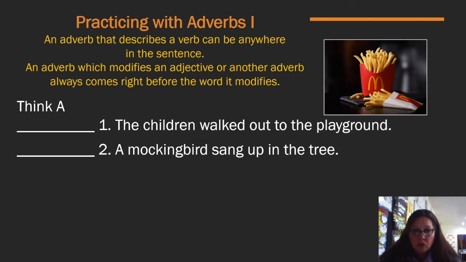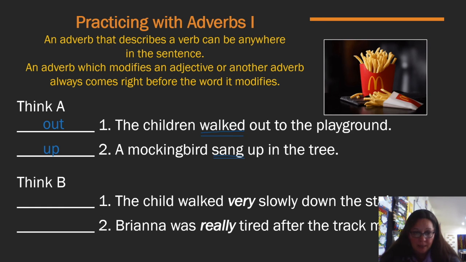Number 1, the children walked out to the playground. So we're going to underline the verb 2 times, which in this case is walked. And where did they walk? They walked out. Okay, number 2, a mockingbird sang up in a tree. What's the verb? Sang. And where was he? Up in the tree.